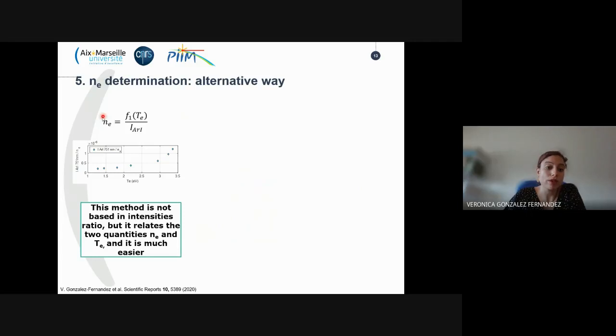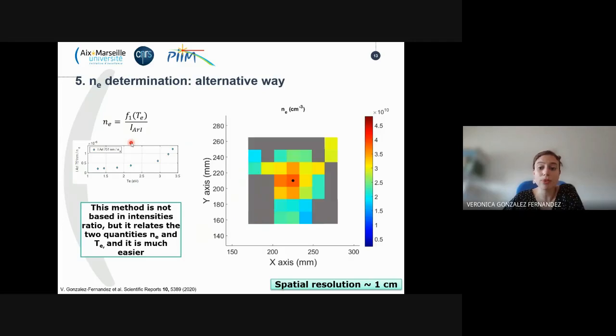We have the electronic density, we also have a function of the temperature, and we have, in this case, the intensity of only one single line. But in comparison, it's much easier. So we repeat our process. Here we have the fit needed for the determination, and we found that we were able to find values for the electronic density in almost all the pixels.